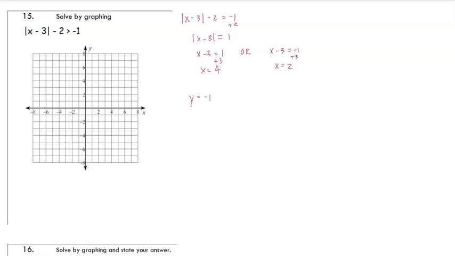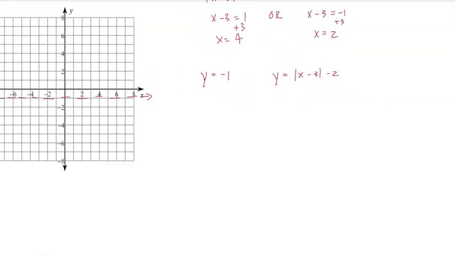Y equals negative 1. Y equals absolute value x minus 3 minus 2. Like that. Now, how did this function move? It moved right 3, and up 2.